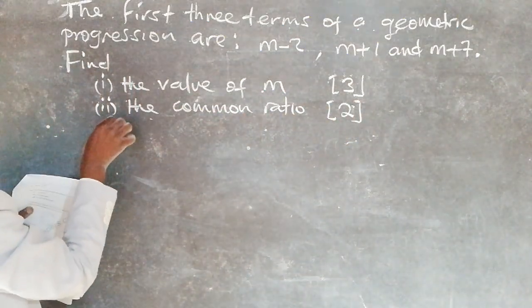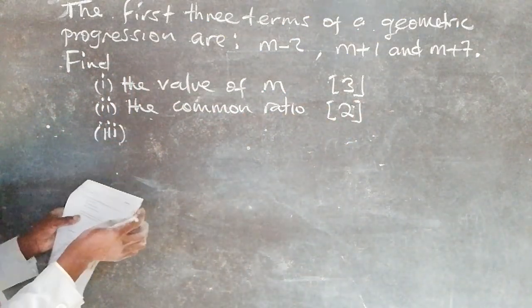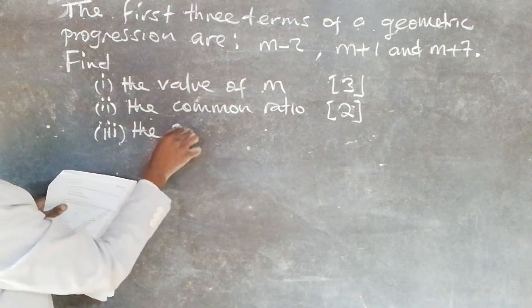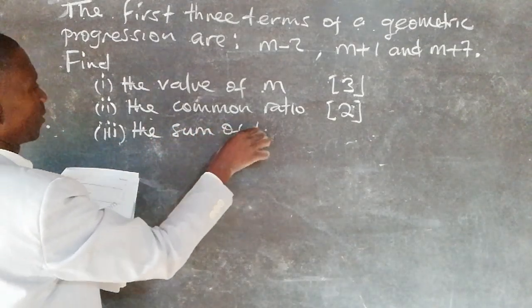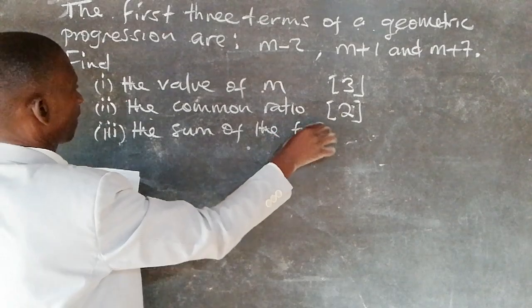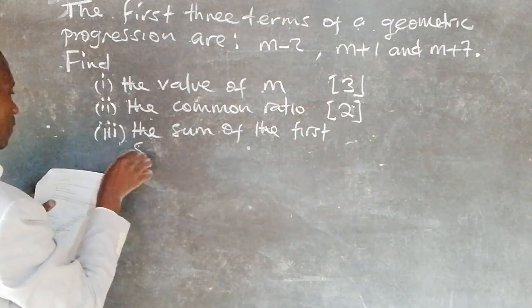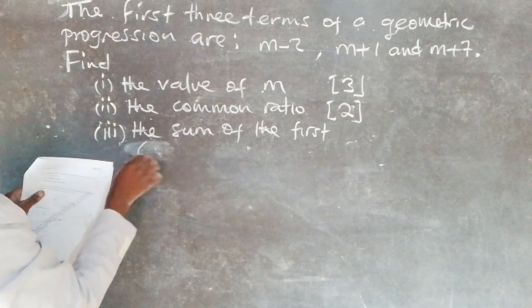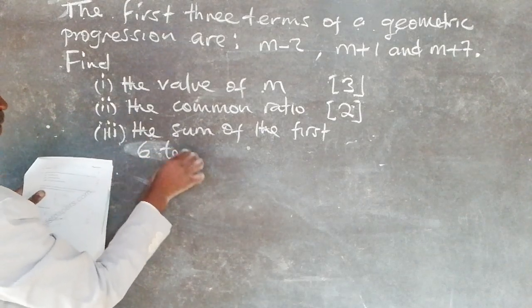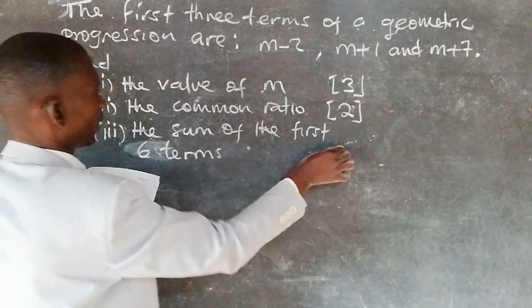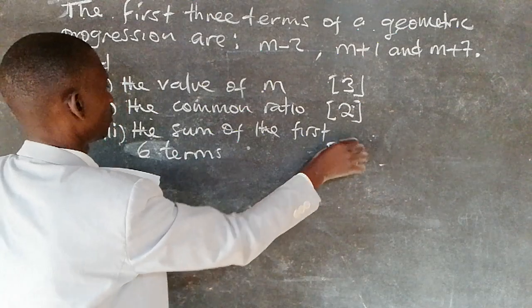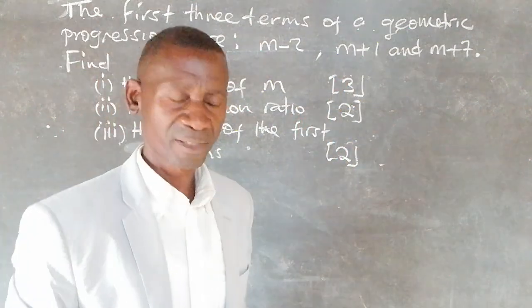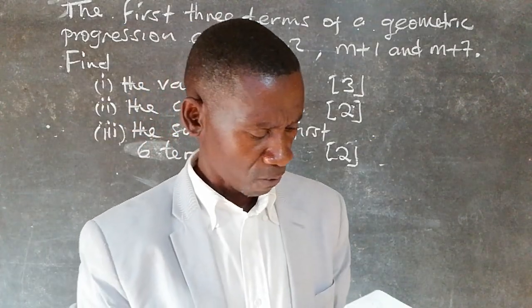Then question 3, the sum of the first 6 terms. Again, that was 2 marks. So in total, 2 plus 2, then plus 3, is 7 marks.